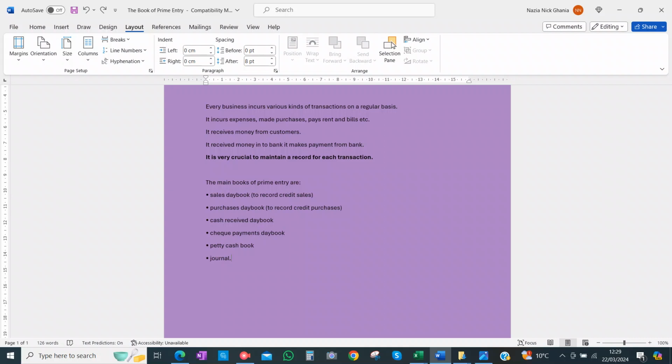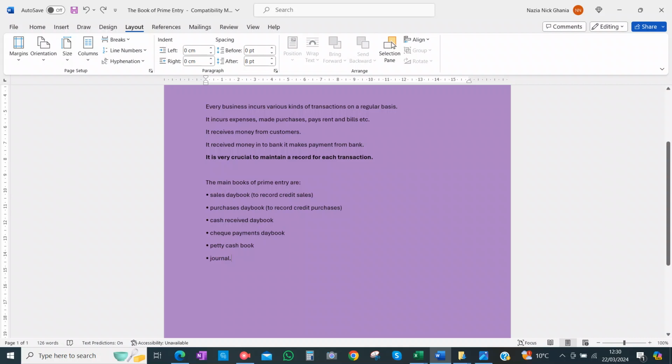So journal will cover anything related to, suppose, depreciation. Suppose somebody took a loan, there is no loan day book, so we will post a journal. Loan is taken by the manager or loan is taken by the director. So it will become a record in the profit and loss and balance sheet.